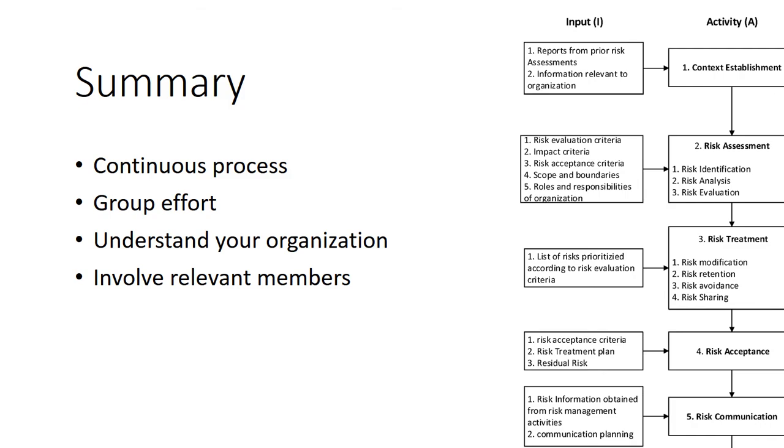So this was all about the major activities that are involved in ISO 27005, and I hope that this diagram will help you to find out the important information that you need to carry out each activity.